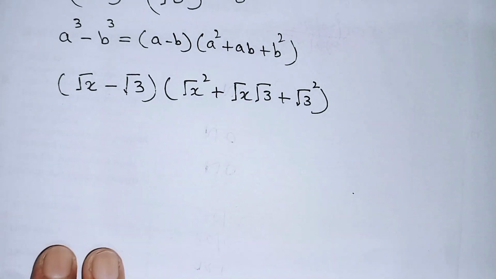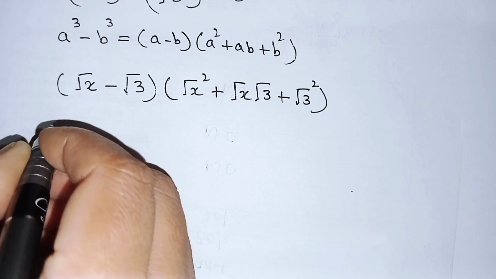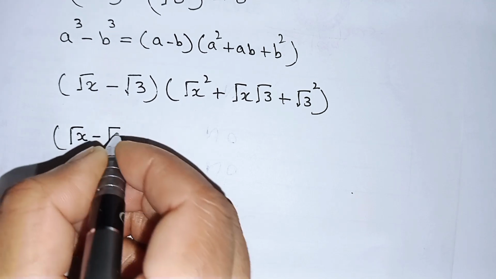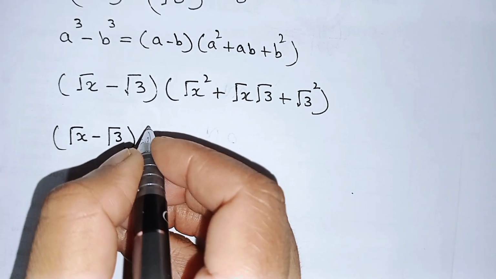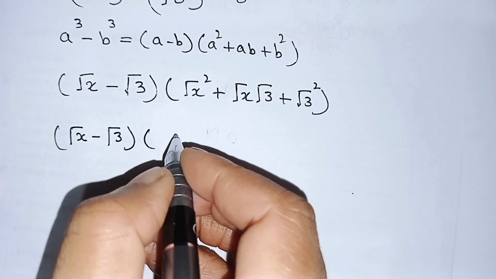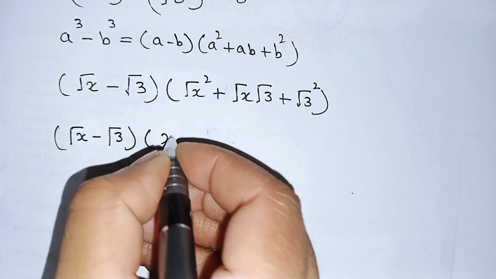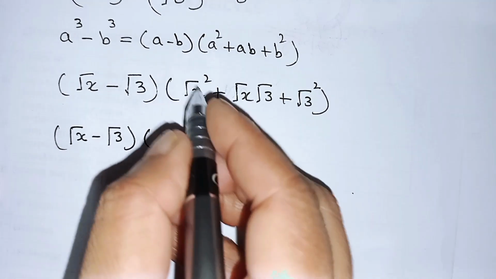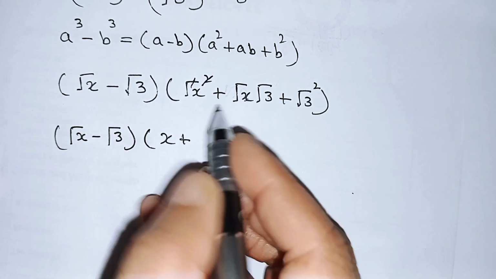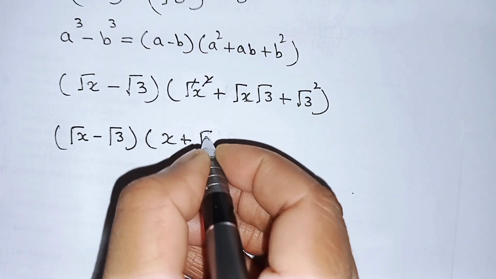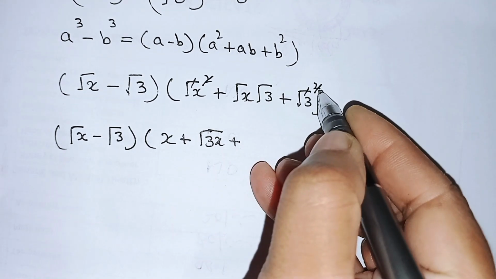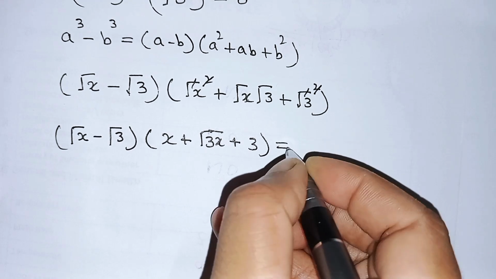And now the other step is square root x minus square root 3, and then x plus square root 3x, where the square root cancels out this square and the remaining is x, plus 3, and is equal to 0.